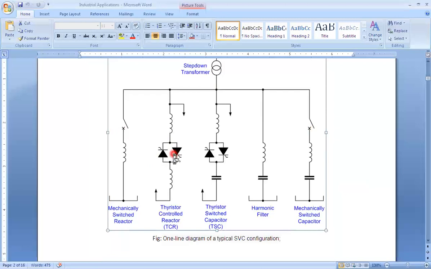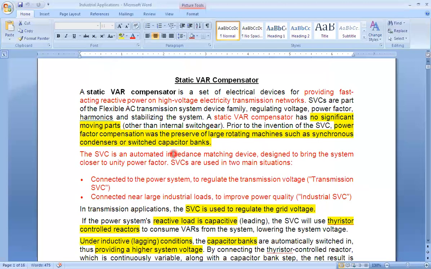So let us see, what is the role of the static VAR compensator? Here the role of the static VAR compensator is to provide fast acting reactive power in high voltage, right?